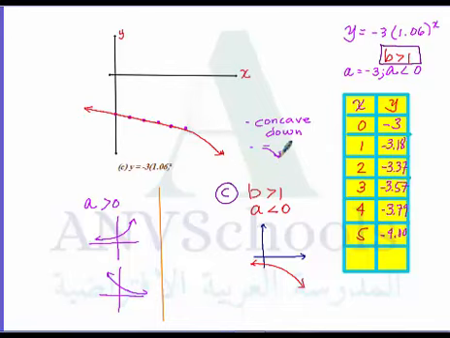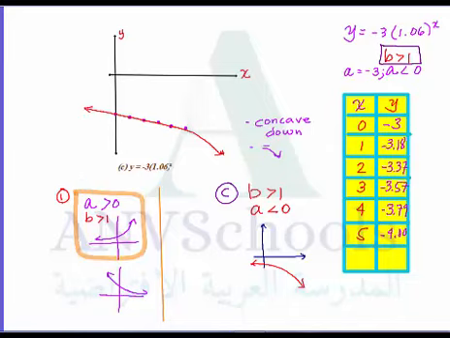Now to summarize, we have the first condition. If our a is greater than 0 and our b is greater than 1, then we will get this graph as you see it.